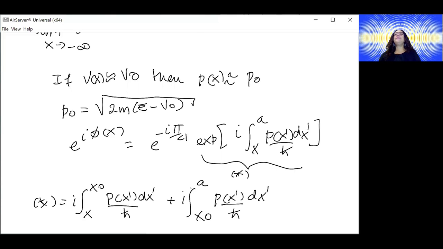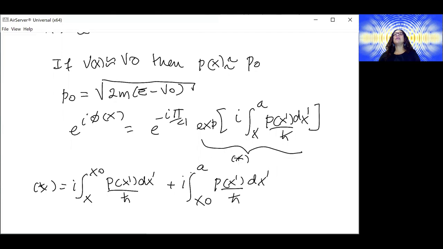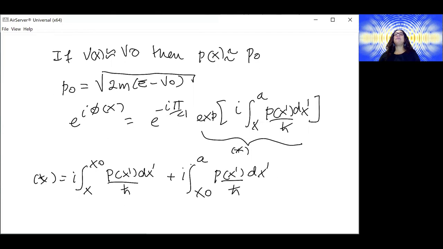So what I'm going to do is write this approximately. We said if you are going from x naught to x, whereby x naught is bigger than x, which is this region here, right? We're going from x going to minus infinity to x naught, where x naught is the coordinate for which the potential starts to behave approximately constantly.